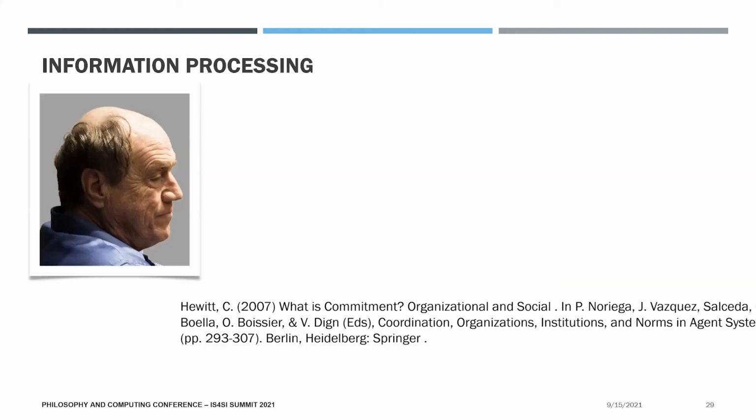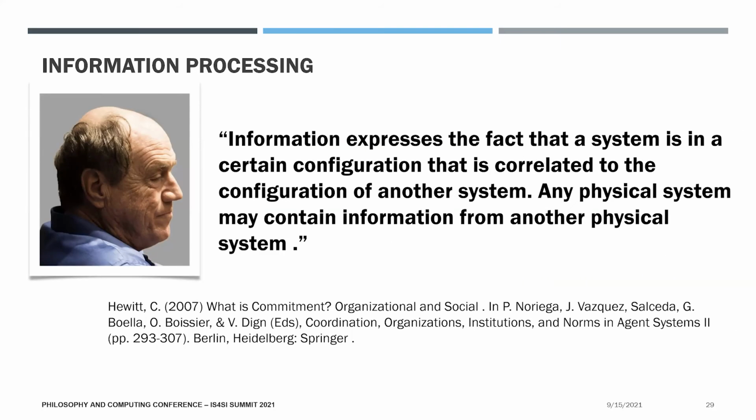Information expresses the fact that a system is in a certain configuration that is correlated to the configuration of another system, and any physical system may contain information from another physical system. So information is not itself a physical structure, but it is contained by physical structures as carriers, exchanged by carriers from one entity to another, and also processed by physical structures.